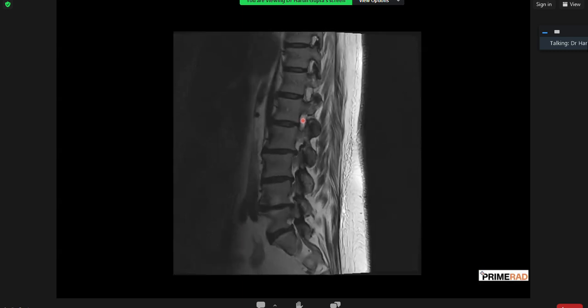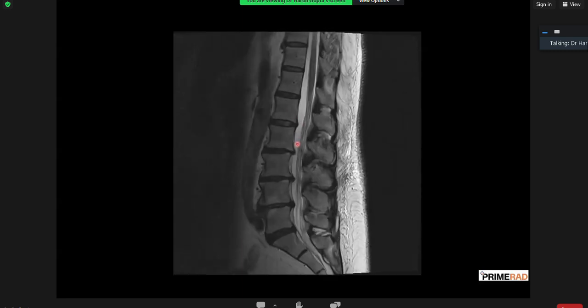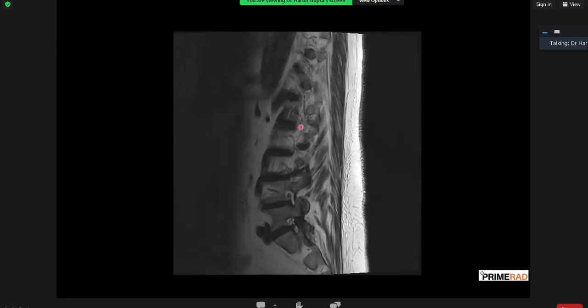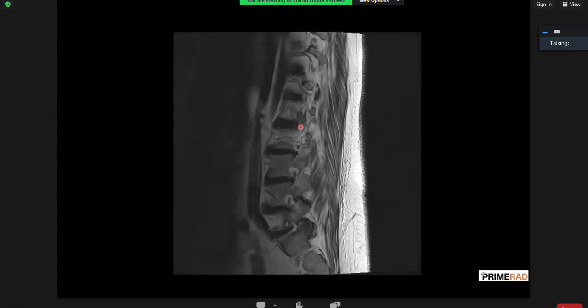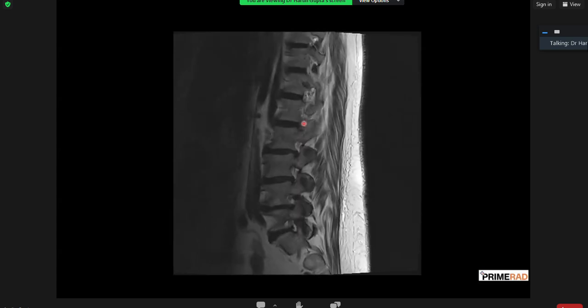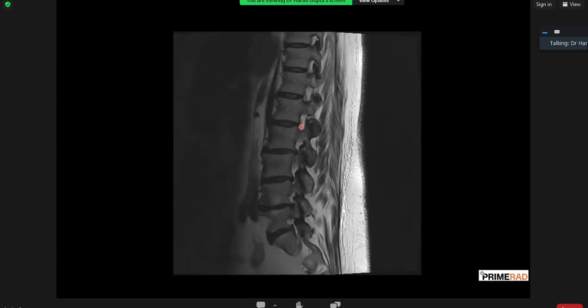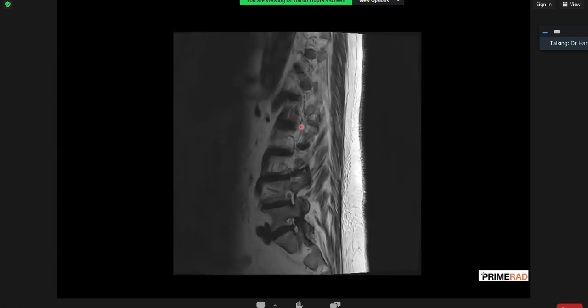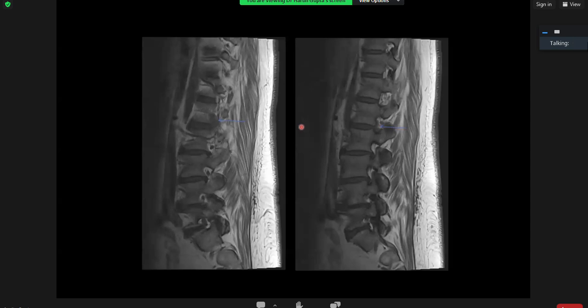Essentially there is degenerative change all over, but the patient came with hip pain. And when you look carefully across the L1-2 level, there is extensive disc extrusion at the L1 level, which is producing the hip pain. So if you look carefully now on the axial sequence, that's the extensive disc extrusion at the L1-2 level, which is producing significant neural impingement.